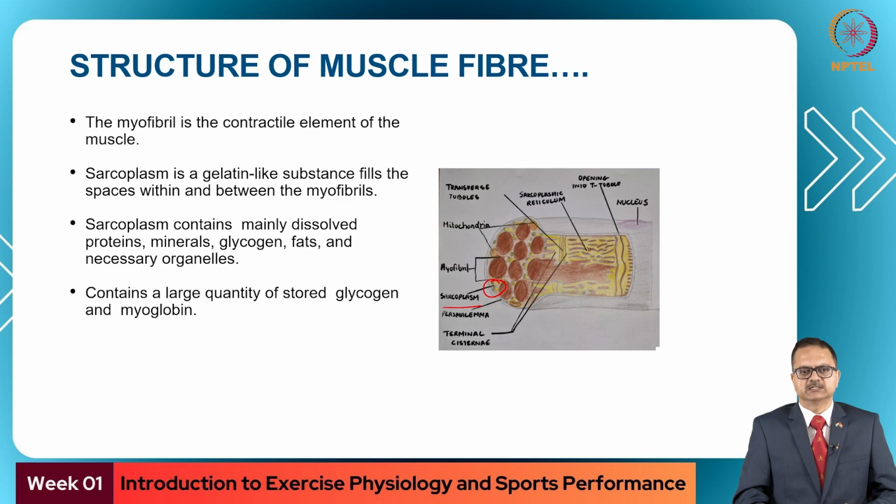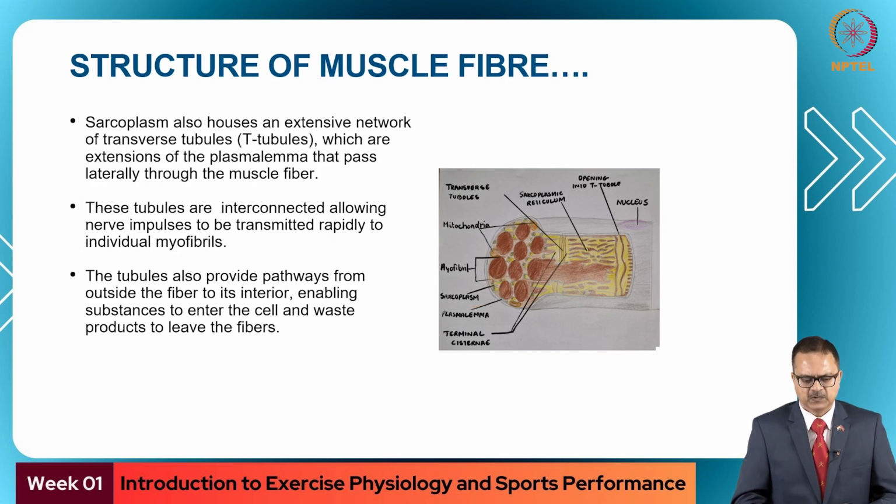It also contains a large quantity of stored glycogen and myoglobin. The sarcoplasm also has an extensive network of transverse tubules or T-tubules, which are extensions of the plasma lemma that pass laterally through the muscle fiber.